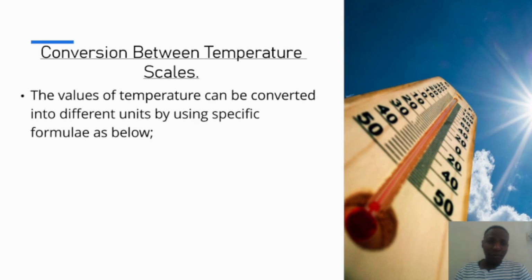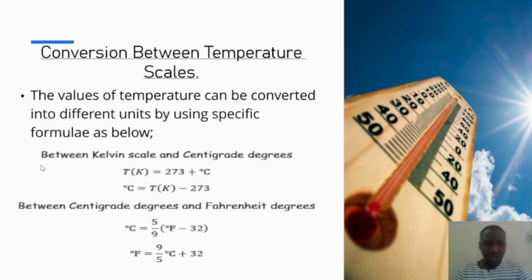The values of temperature can be converted into different units by using specific formulas, as you can see below. Between the Kelvin scale and centigrade degrees, you can convert using this formula: temperature in Kelvin equals 273 plus degrees Celsius. So degrees Celsius equals temperature in Kelvin minus 273.